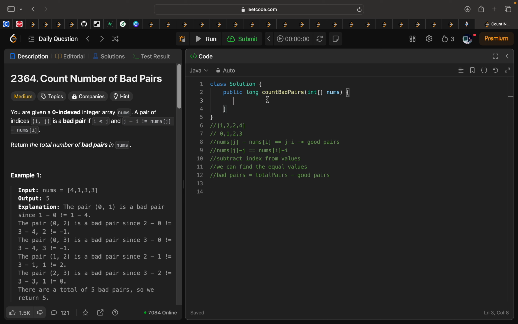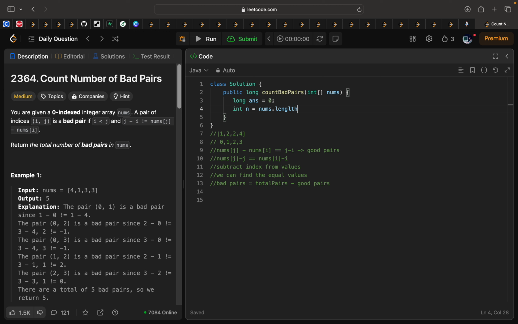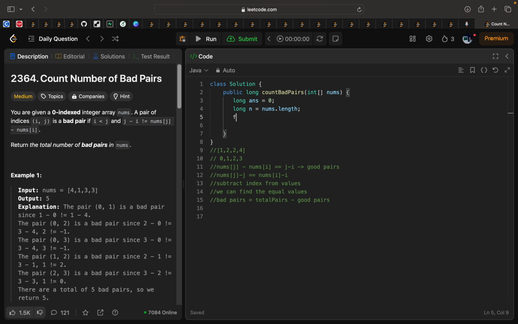Okay, so this is our answer, and n is the length. Let's take it as long also. We also need a hash map to store the equal values.